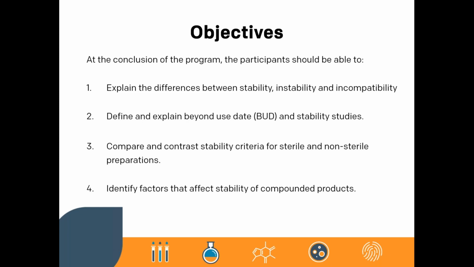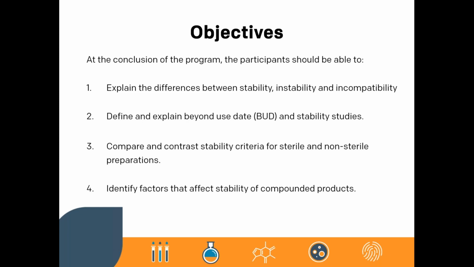One would typically think of a stability study, shelf life study, or beyond use study as being on a sterile product, but it also could be conducted on a non-sterile product, such as tablets, capsules, or a topical cream. We're also going to discuss some factors that might affect the stability of that compounded product, what a typical stability study might be composed of, as well as some of the regulatory bodies' citations.